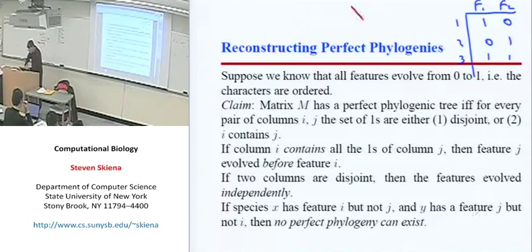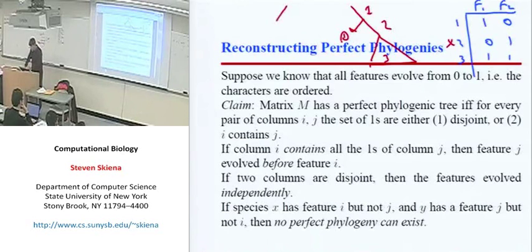Well, there had to be somebody who evolved species 1. Actually, it looks like if we had 1, then 2, okay, then species 3 would be happy. Species 1 would be happy hanging off of here. But species 2 would be unhappy. Does everybody agree with that?